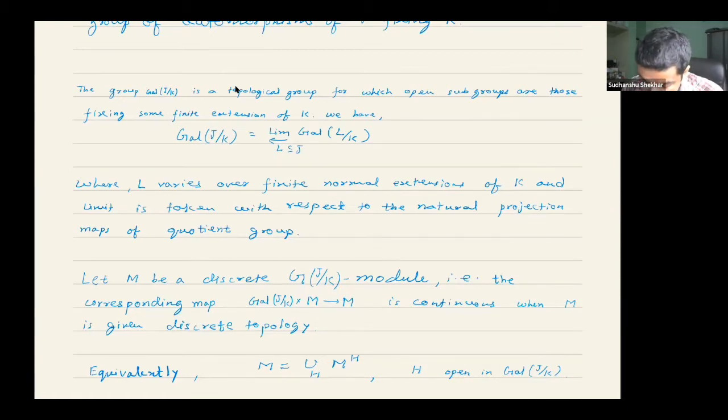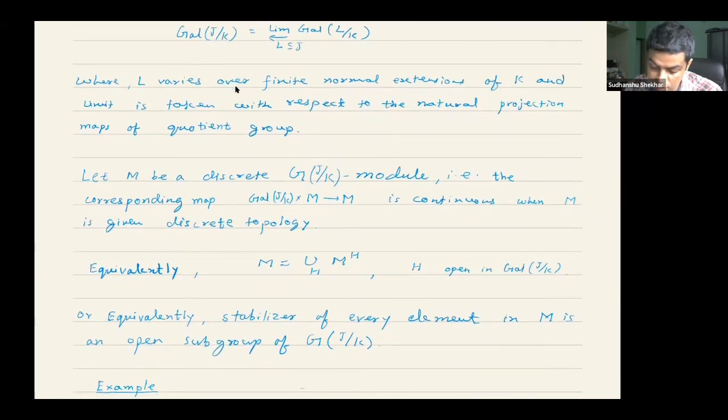What it means is that the corresponding maps of G modules are continuous. Another way to define a discrete Galois module is that M is the union of the fixed elements of M by open subgroups of Gal(J, K). So these are two equivalent ways to see them.